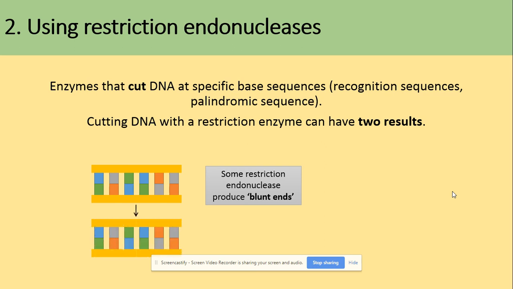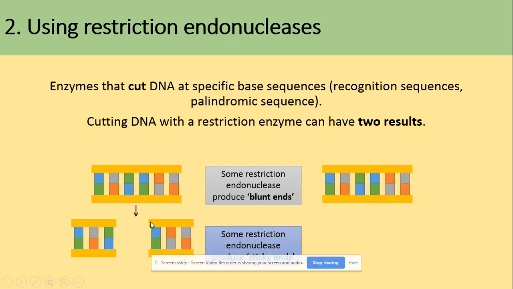We can get blunt ends. So that looks like this. So there are straightforward chopping portions of DNA, or we can get the sticky ends, and sticky ends will leave that complementary portion here that can then be used and stick together with another DNA from the other source.